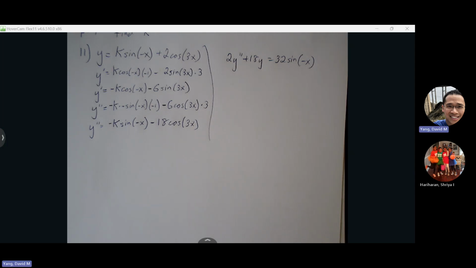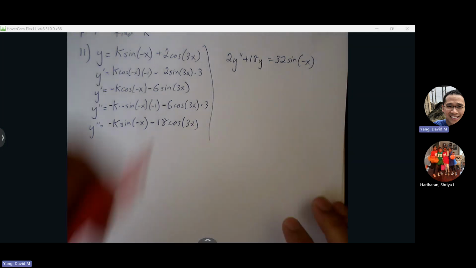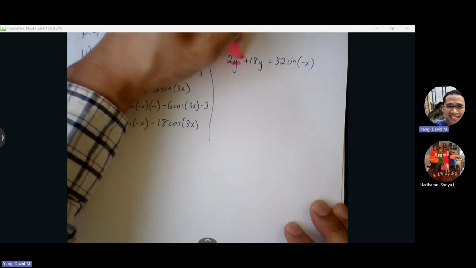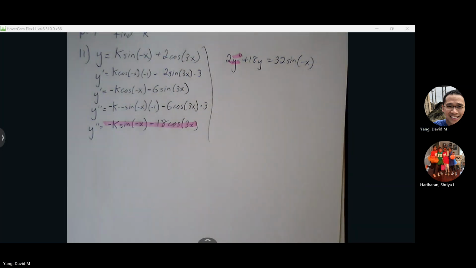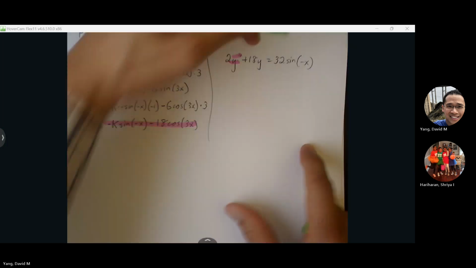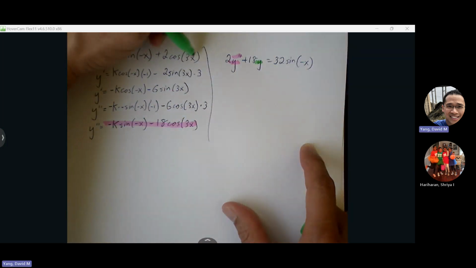All right, so let's make our substitutions. Replace y double prime with this expression. Replace y with the original equation.